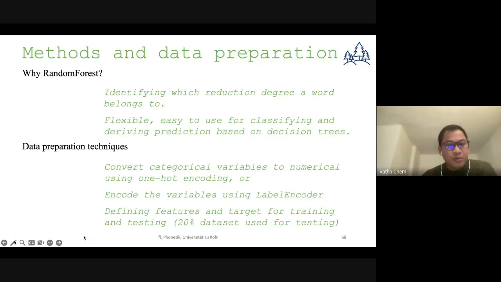For the data preparation, we have to convert some categorical variables to numeric data, and it is very important to encode those for fitting the training. We divide our data set into 20% for testing and 80% for training.